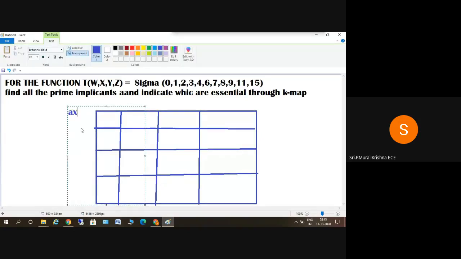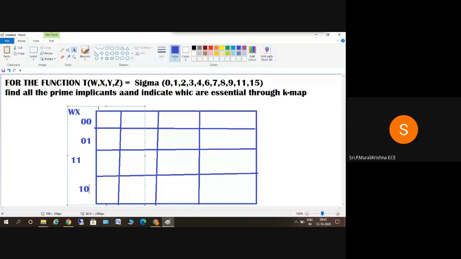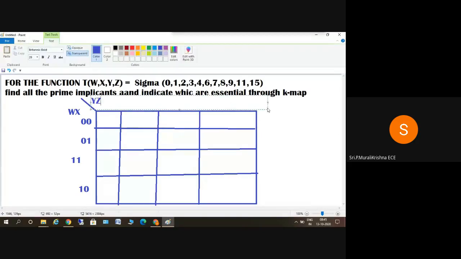So WXYZ, WX 00, 01, 11, 10, and YZ 00, 01, 11, 10. And you know the minterms.